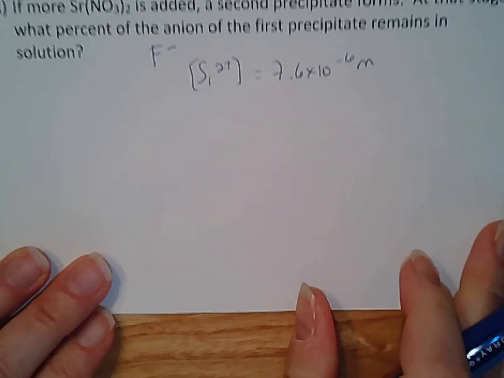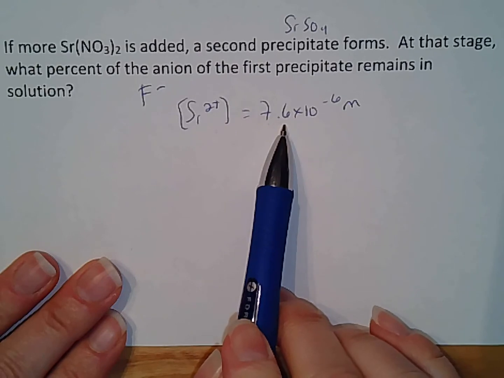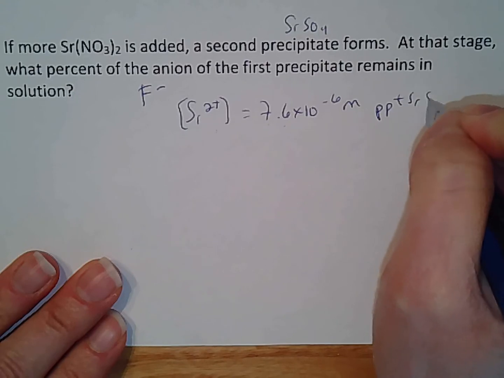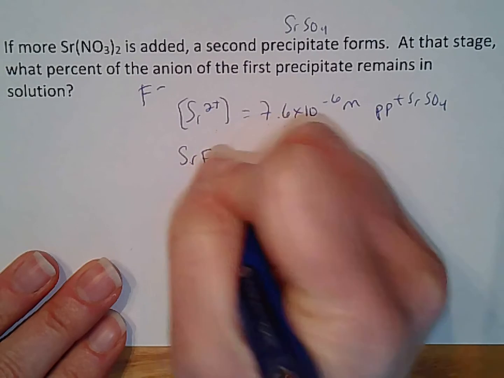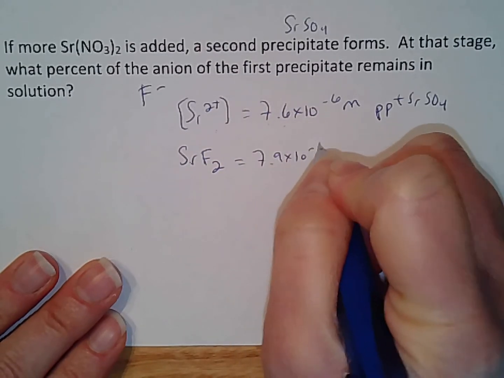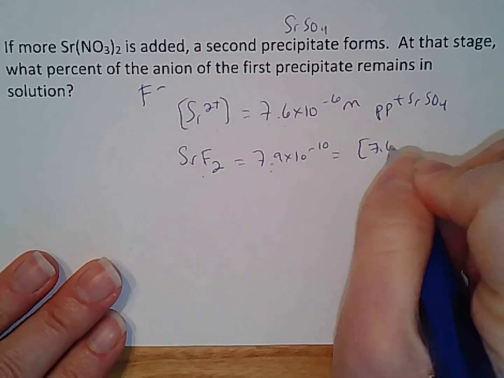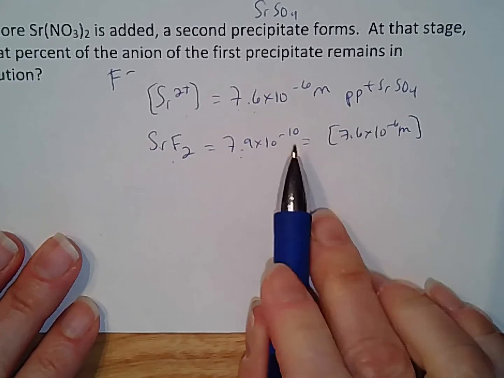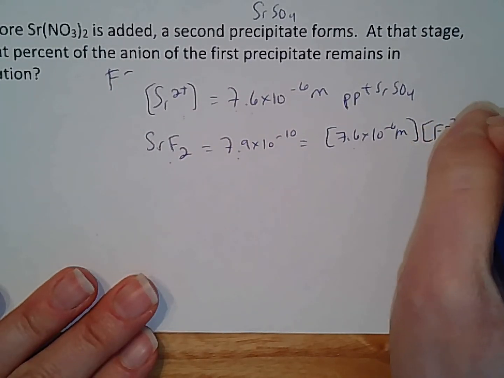So if I start to get to that concentration, I will get the next precipitate to form. So the strontium sulfate starts to form. I can go back to the strontium fluoride and say, okay, 7.9 times 10 to the -10th is my threshold for this precipitate, and I know that 7.6 times 10 to the -6 is the concentration I need of the strontium in order to make the strontium sulfate, and I know this is very convoluted, what is the amount of fluoride I actually have in there?